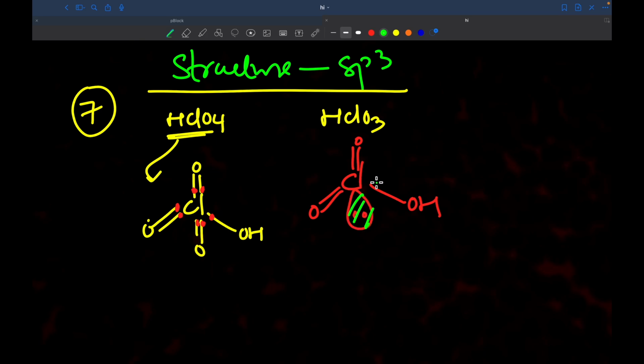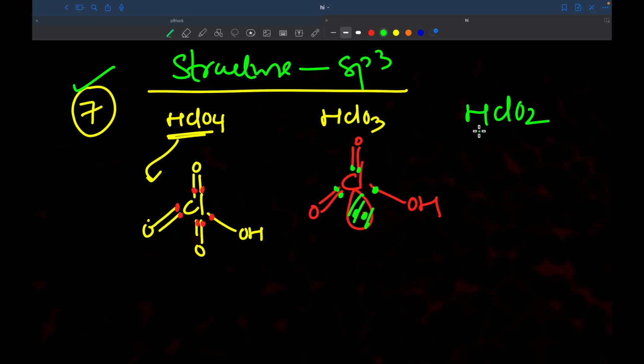You can also check the electrons 1, 2, 3, 4, 5, 6, 7. How many electrons in total? 7 electrons. But how many of them are in use? 5 are used. 2 electrons are there, so they will be kept as lone pairs. Okay, hope you understand.